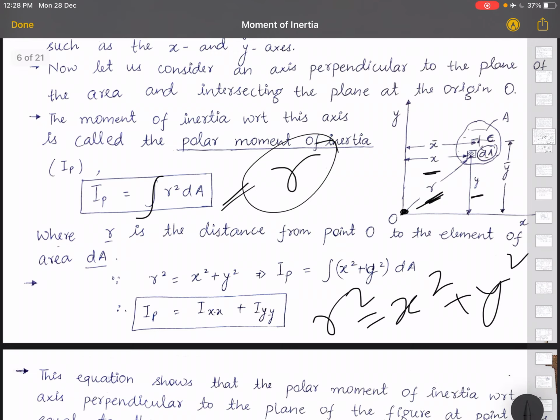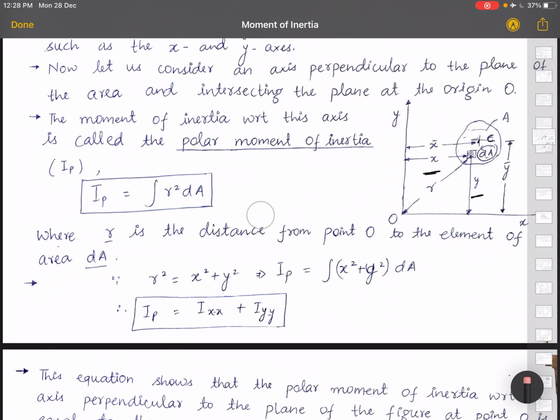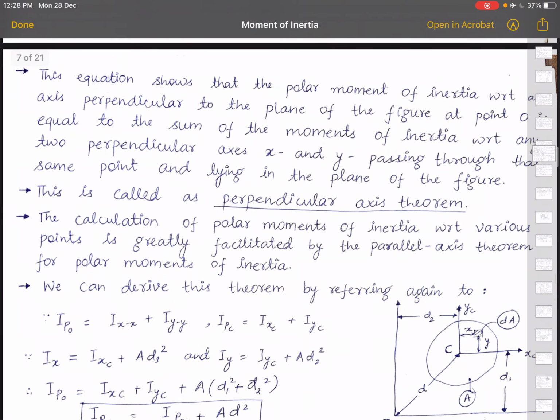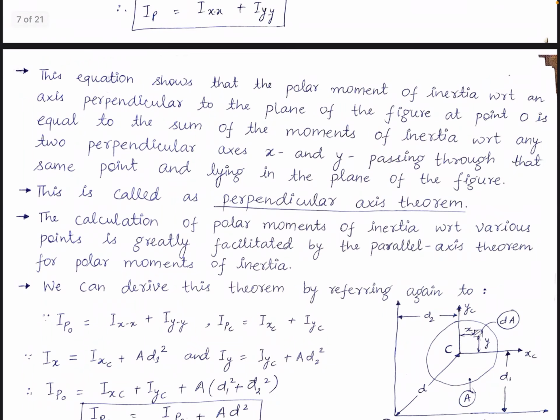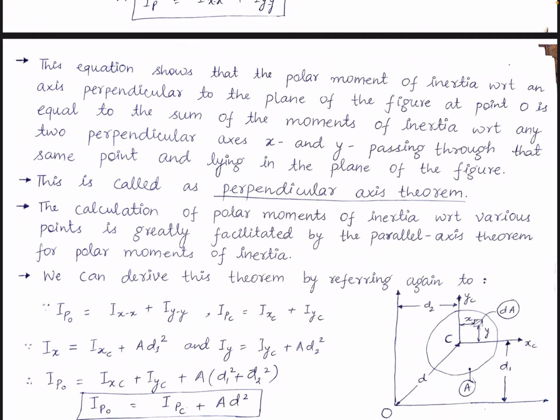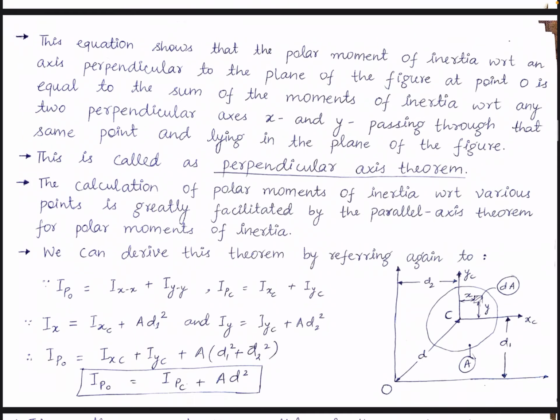So what does this equation show? We can just put this value in, and we will see that the polar moment of inertia with respect to an axis perpendicular to the plane of the figure at point O is equal to the sum of the moments of inertia.